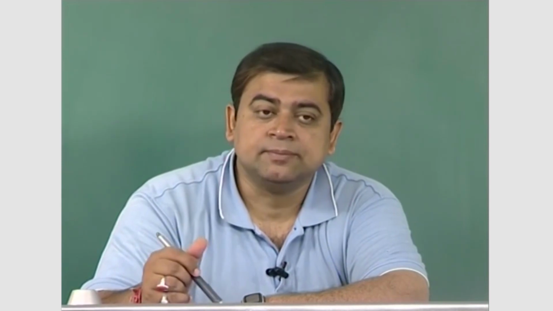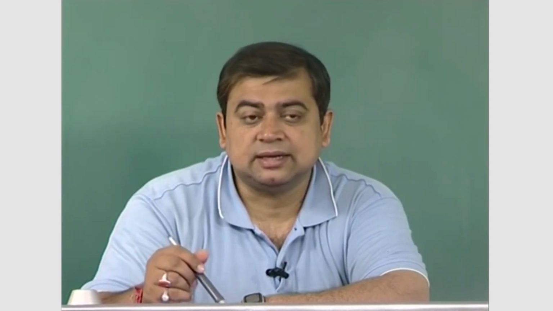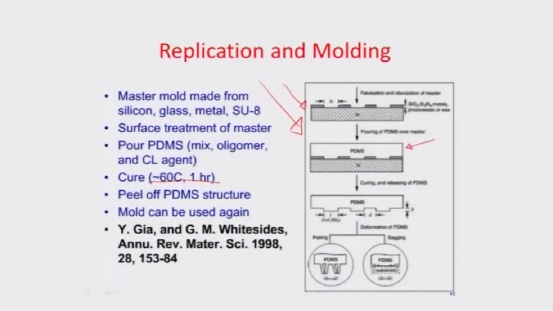So, in order to accelerate the process, you have to heat cure it. Applying heat is equivalent to applying a catalyst, and so it gets into a rubbery form. Because the mold release agent is already there on the mold, the rubbery form can be withdrawn from the mold without much problem, and then you have the exact negative of the features which were in the mold imprinted onto this PDMS. So, it is like a rubber stamp that you are making in this process.